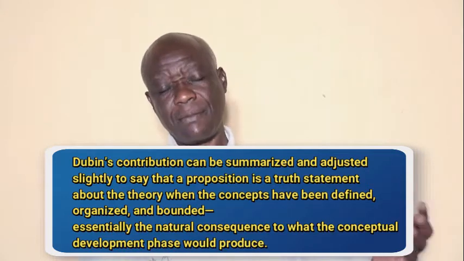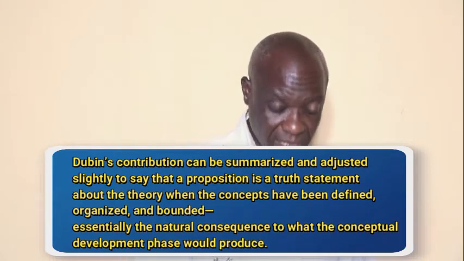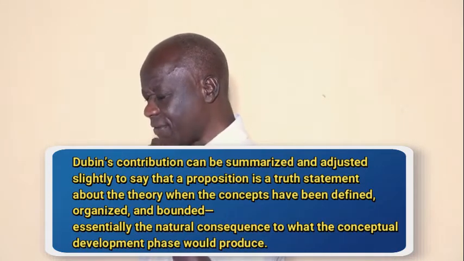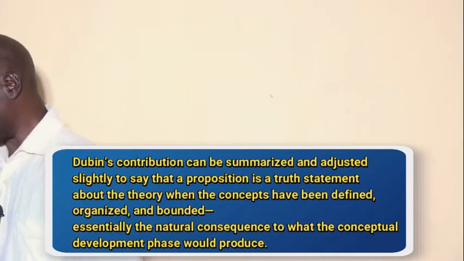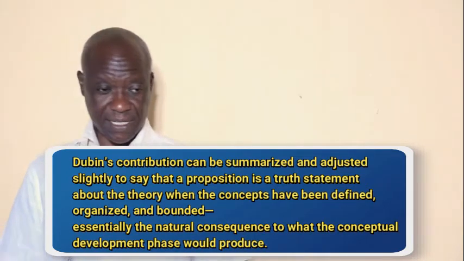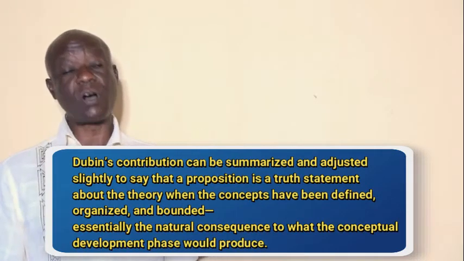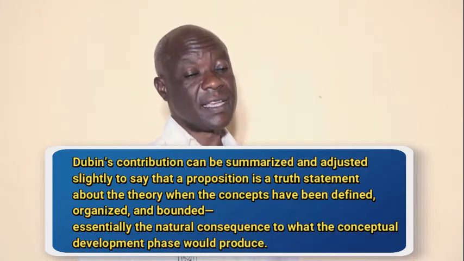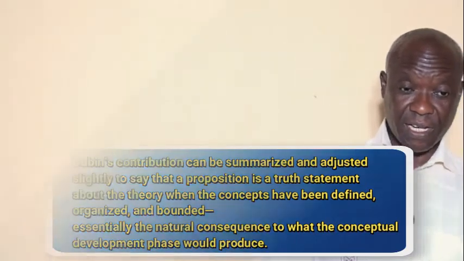Now, of course, the term logical consequence is a good substitute for the truth statement in this case, because the important point in specifying propositions is to continue the clear logical path set up by the theory builder from the start, ladies and gentlemen. So, the use of the terms logical consequence, truth statement, or proposition is simply to establish the consistency of the theory builder's logic, ladies and gentlemen.